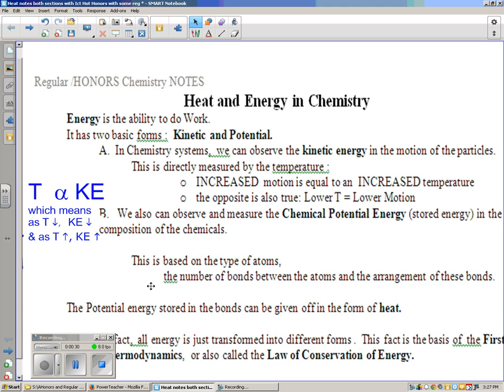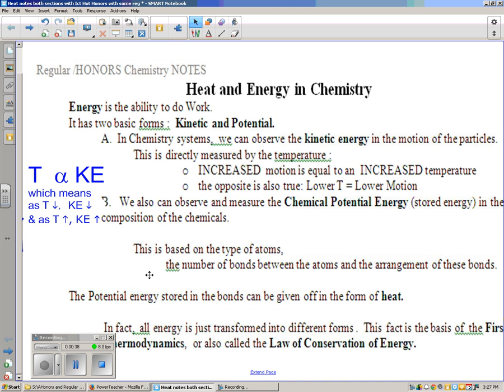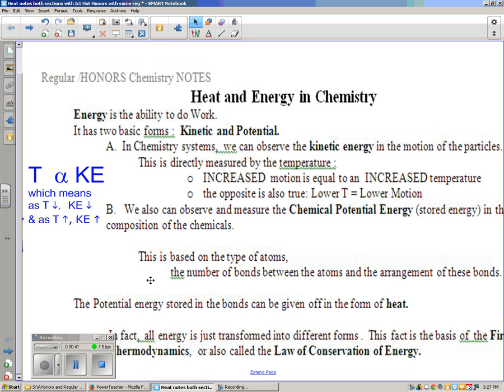And as you go through these slides, it talks a lot about kinetic energy and potential energy, just like the terms that you learned in earlier science classes. But what we are covering is kinetic energy, as you look up here, is proportional to temperature.